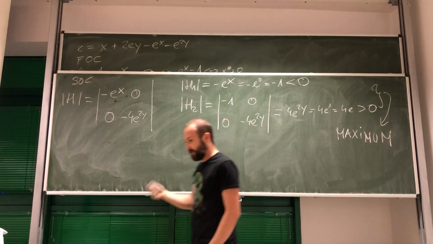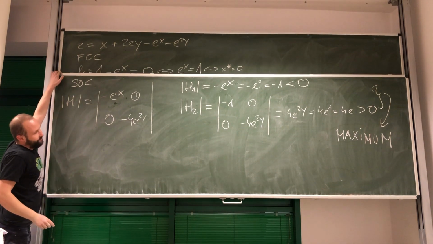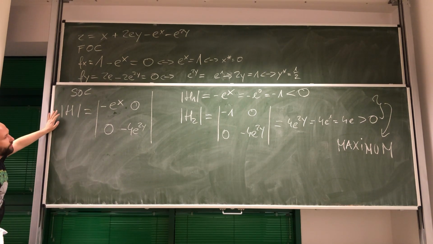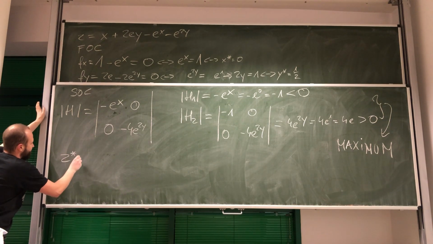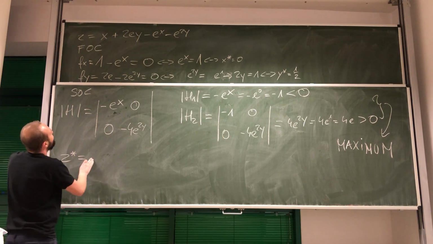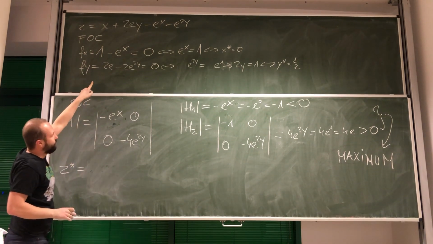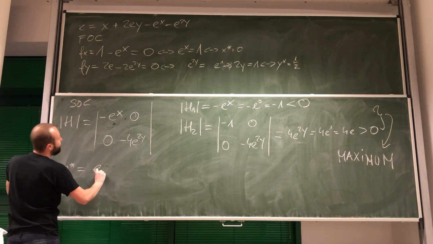And what is even more, we now see that we can actually calculate the maximum value of z. So how much is that? Now we replace x with the x we calculated, which is 0. So the first component is 0. Then y is 1 over 2, right? So 2e times 1 over 2 is just e.